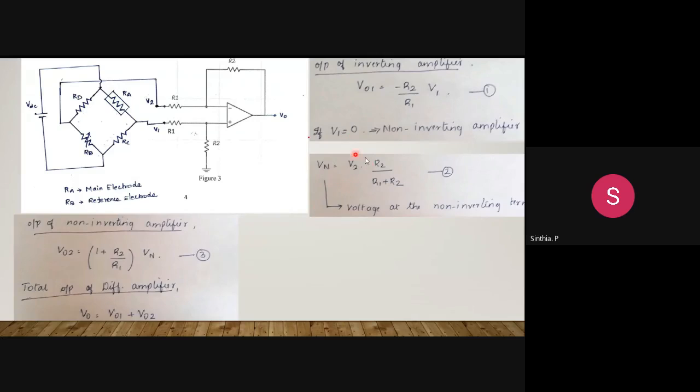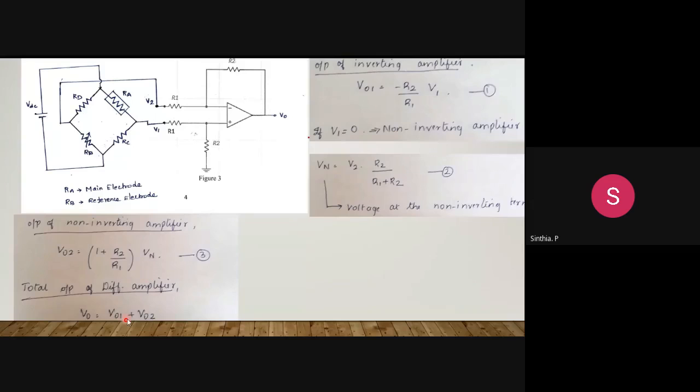Taking this side, it becomes R1 plus R2 by R2. Taking R2 common, you get 1 plus R2 by R1 into Vn. So equation 1 represents the output of the inverting amplifier. Equation 3 represents the output of the non-inverting amplifier.